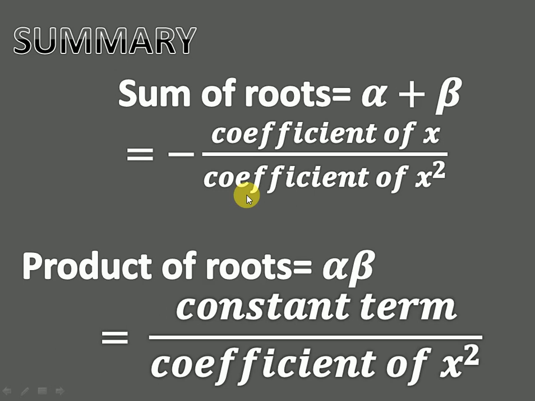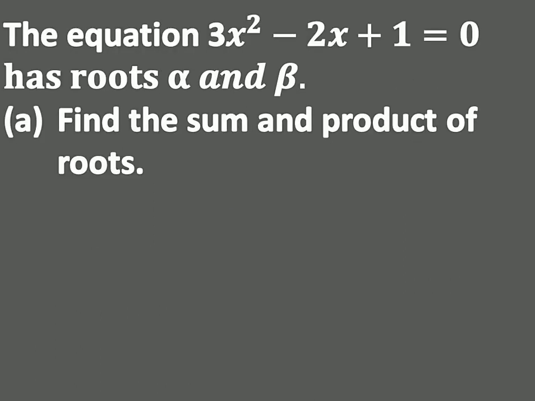Now, let me show you how to apply these two results in an examination question. I'll give you this exam question. The equation 3x squared minus 2x plus 1 equals 0 has roots alpha and beta. Now, let's break down this question. What are a, b, and c?